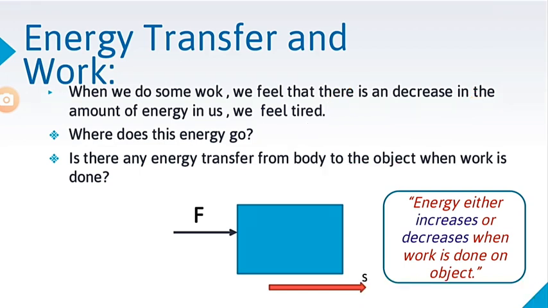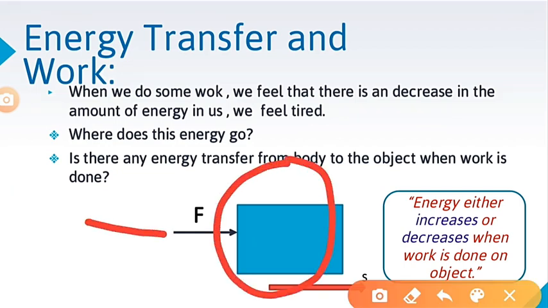For example, think that there is an object and you are pushing the object for at least 10 or 15 minutes. When you are pushing, the object is also moving. After 15 minutes, we can feel that the energy which was present in our body has decreased.